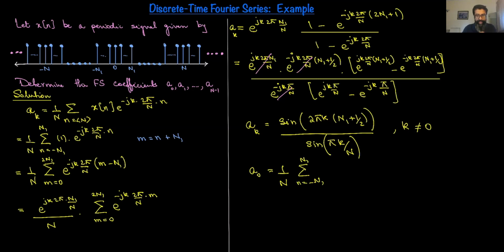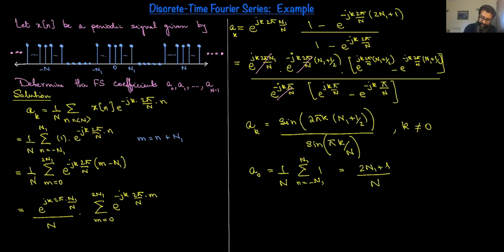Of course, the signal is 1 inside this interval, and when k equals 0, not only is this 1, this term is also equal to 1 because k equals 0. So what you're really summing is 1, 2 n1 plus 1 times. So this is 2 n1 plus 1 divided by N.